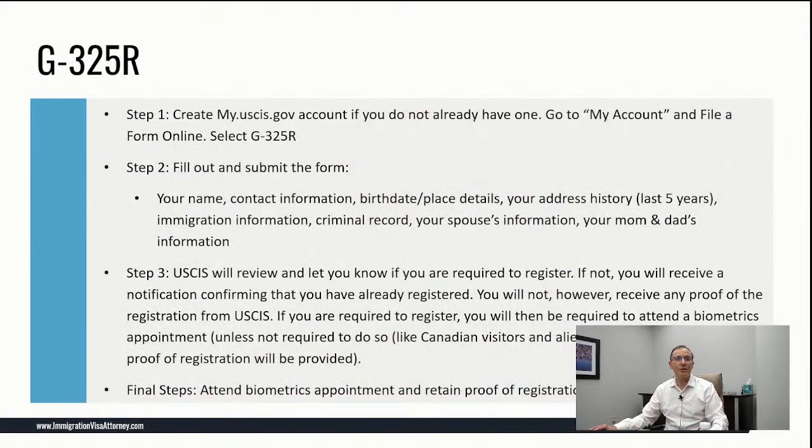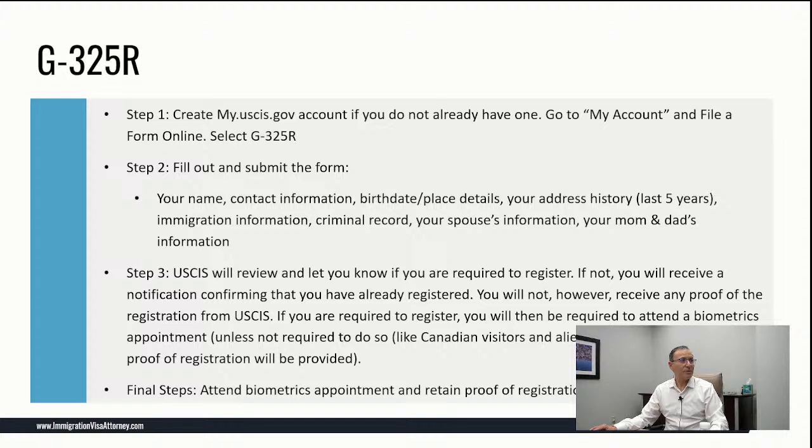Now, the question that a lot of people ask is how to register and what are the steps. So let me show you the steps required to register very quickly. You can create your myuscis.gov account.